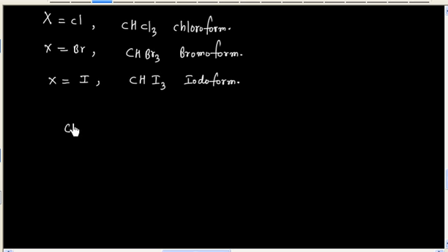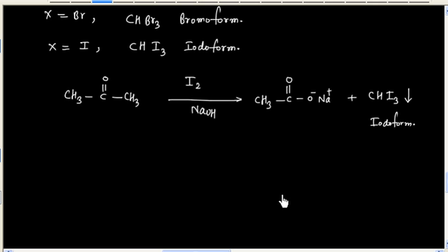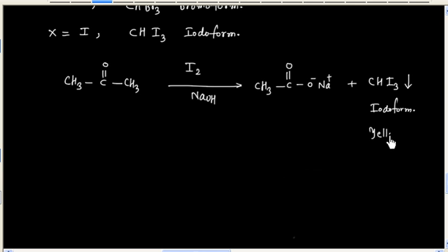So for example, if I have this molecule and this is treated with I2 NaOH, we will have this product. CHI3 is iodoform. Iodoform is a precipitate and this is yellow solid.